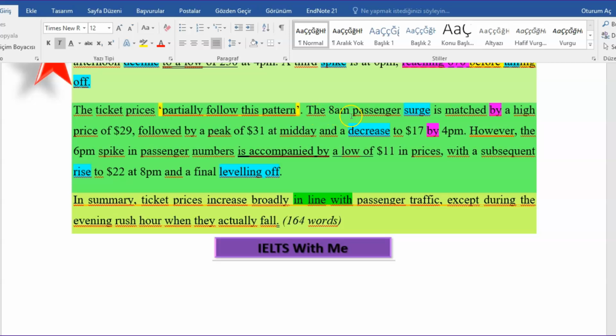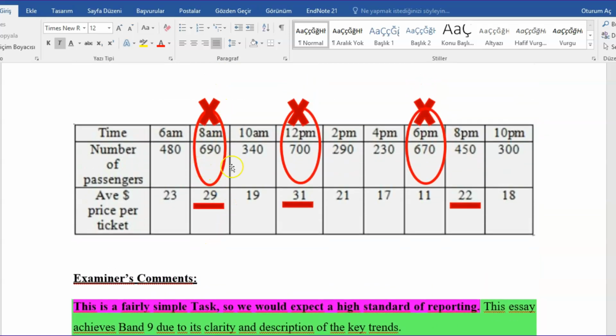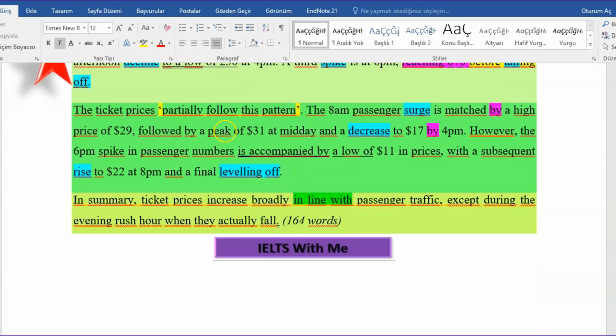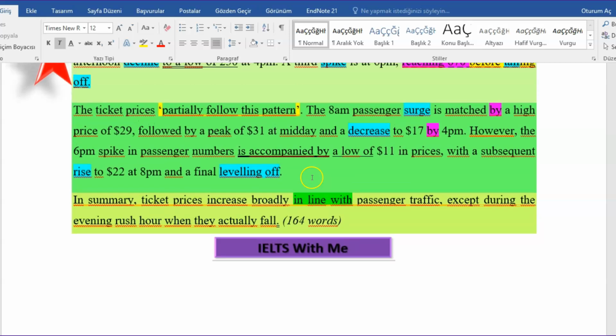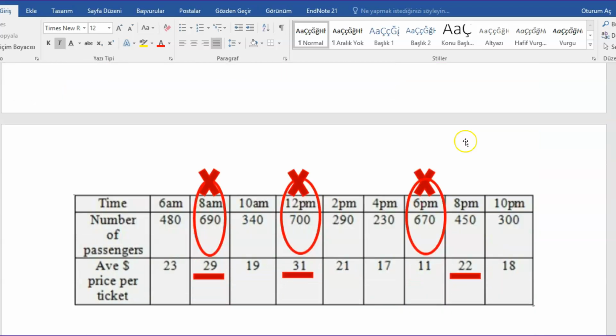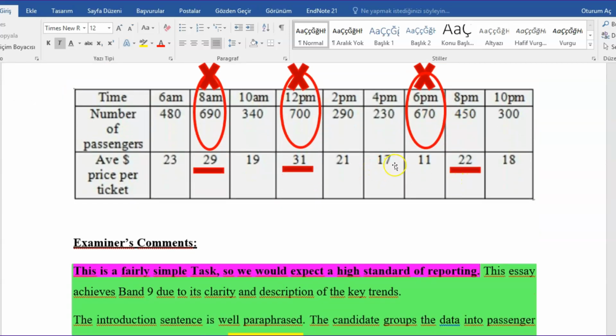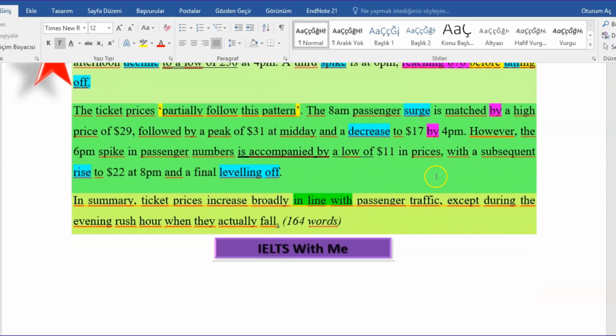The 8 a.m. passenger surge is matched by a high price of $29, followed by a peak of $31 at midday and a decrease to $17 by 4 p.m. However, now we demonstrate the exception.